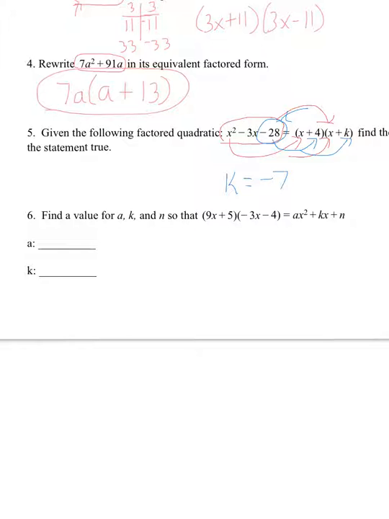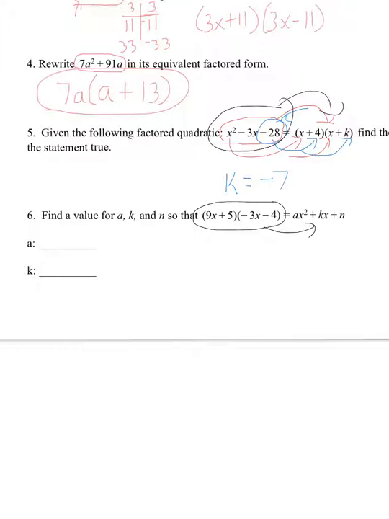Now notice that in number 5, we take the standard form and we go to factored form. In number 6, we're taking the factored form right here and going to standard form. So we're not factoring, we're basically multiplying.